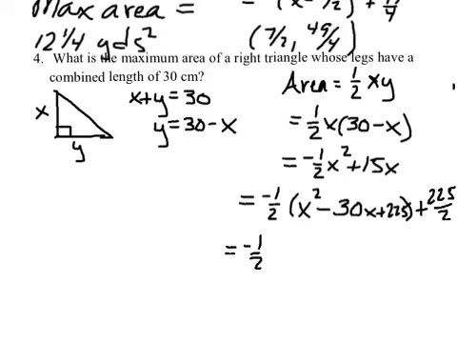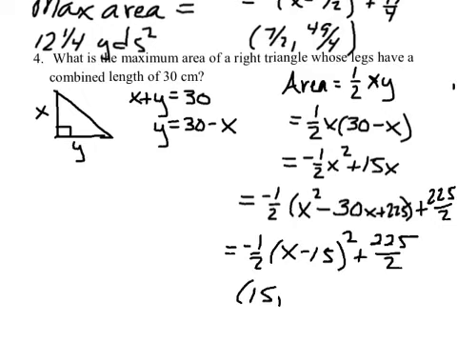So negative 1/2, and then this is going to be x minus 15 quantity squared plus 225 over 2. Okay, we'll change that to a mixed number in just a second. And so my vertex then is 15, comma 112.5.